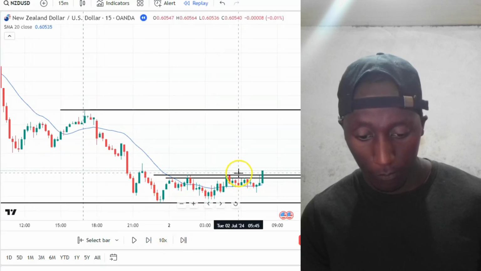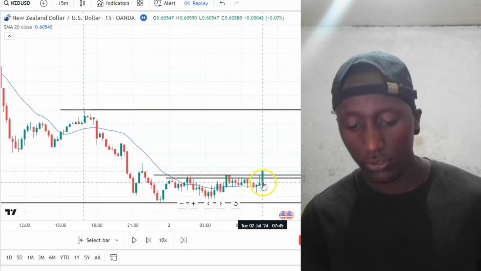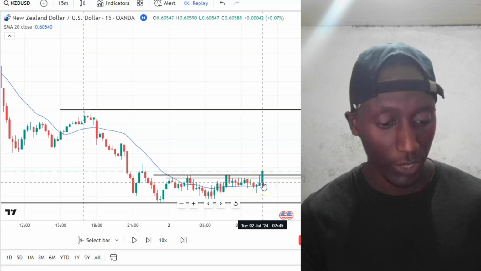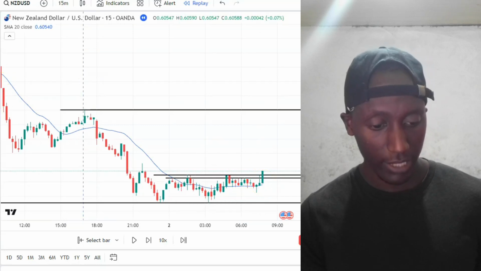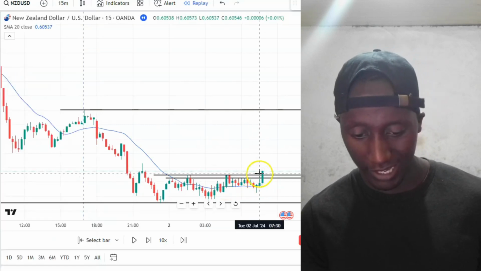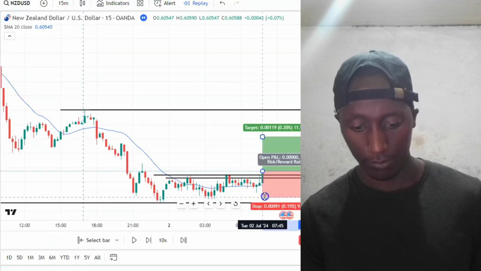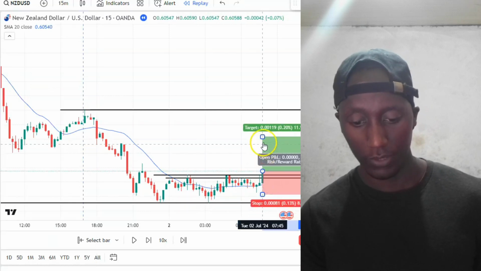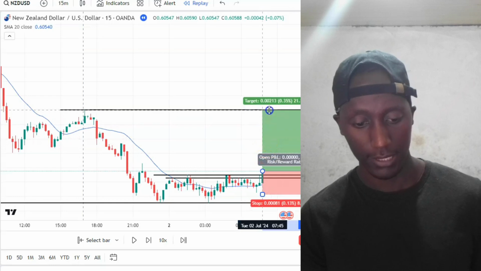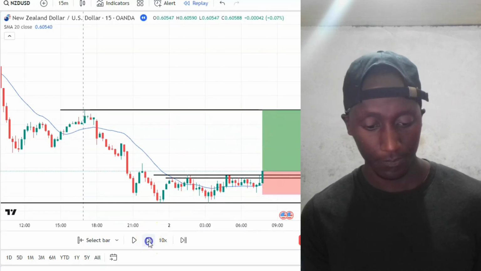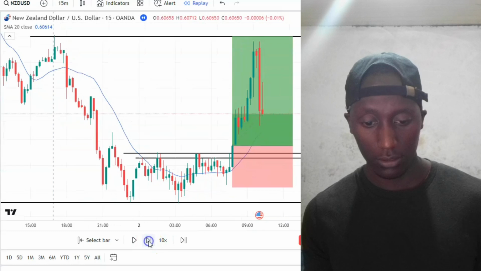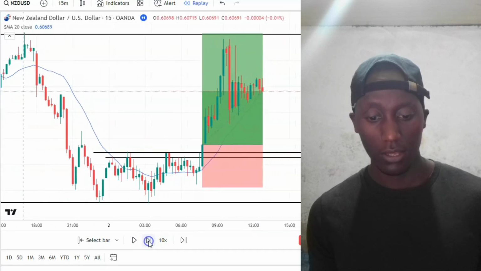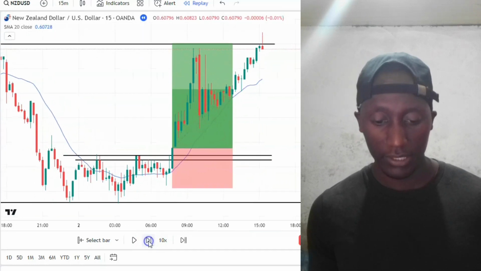Then boom, at 7:45 to 8, we have that breakout. This is your entry, your stops are below that candle, and you are targeting this high. And what happened? That is what happened yesterday.